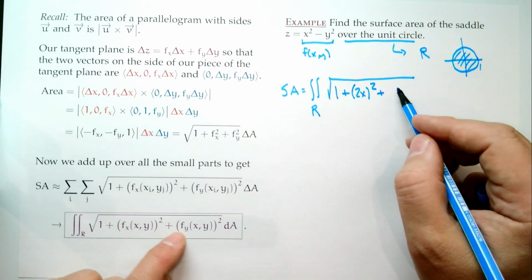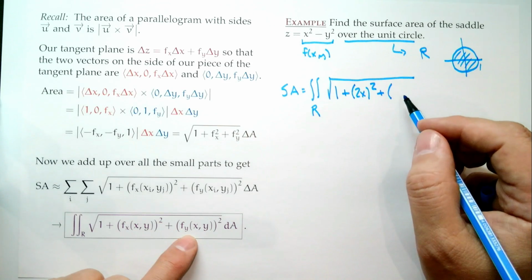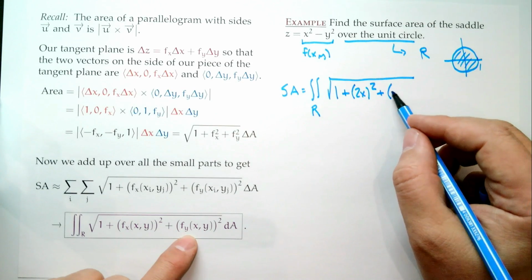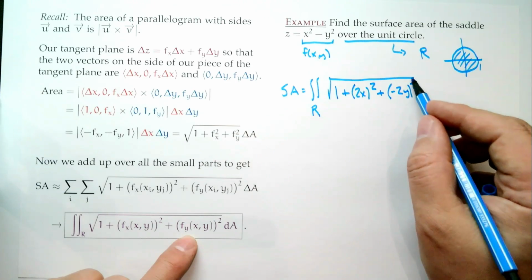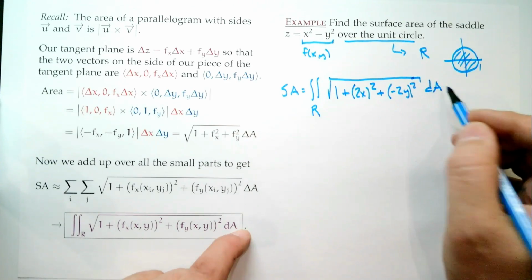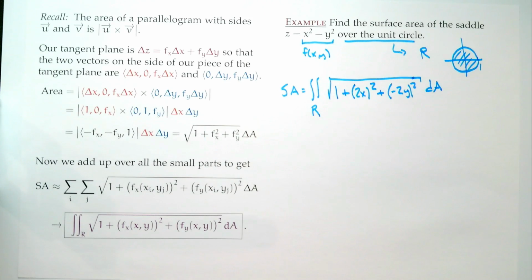Plus f sub y. What is f sub y? Negative 2y squared dA. All right. Well, it asks us to find it, not just to set it up. We want an answer. We deserve an answer. We've come this far. We want to know it.